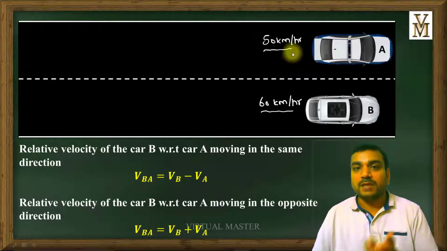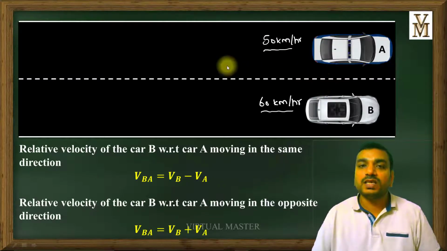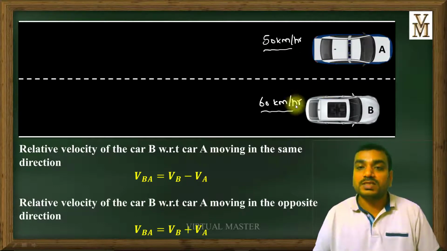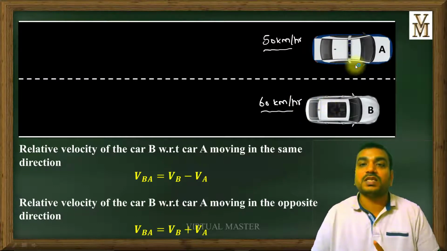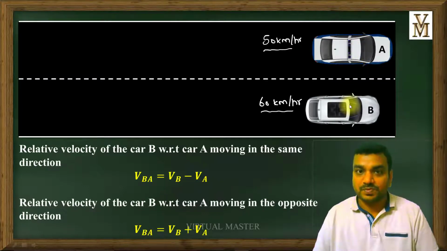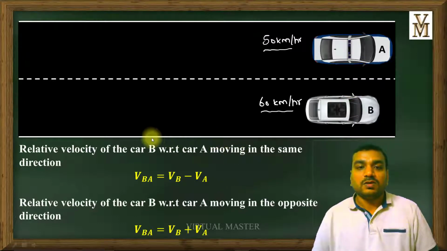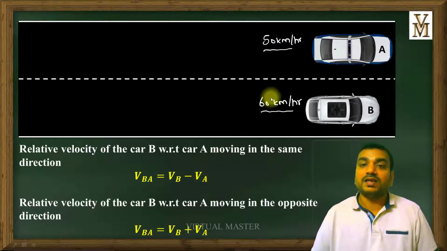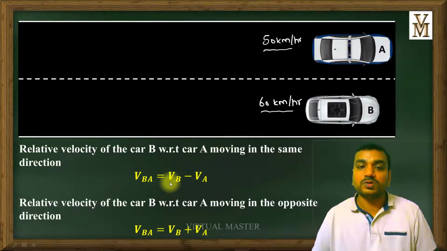In our first example, car A and car B are moving in the same direction, isn't it? In this case, if I want to measure the relative velocity of car B with respect to car A, then I have to subtract the velocity of car A from car B. Okay, here Vb is the velocity of car B and Va is the velocity of car A, and relative velocity of car B with respect to car A will be equals to Vb minus Va.